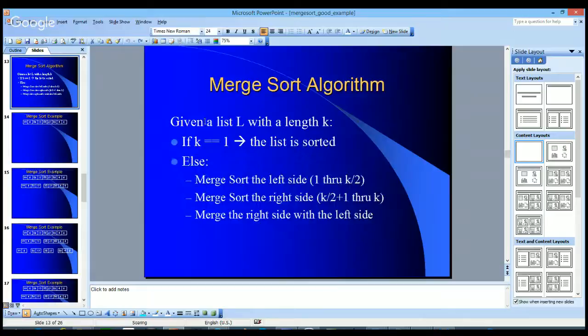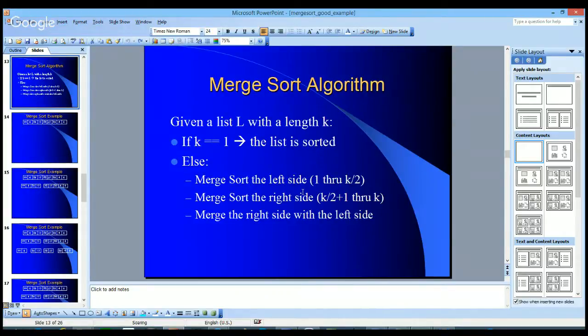Let's explain it further with this mathematical expression. Let's say the list is L, whose length is K. If K is only 1, that means it only has one element, then it is already sorted. If not, then we create two parts of the list.